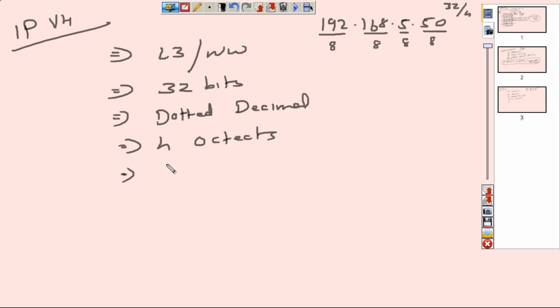What else do we know? Now we come to what I believe Faiz was saying. IP addresses are divided into how many classes? 5 classes, namely A through E, right?